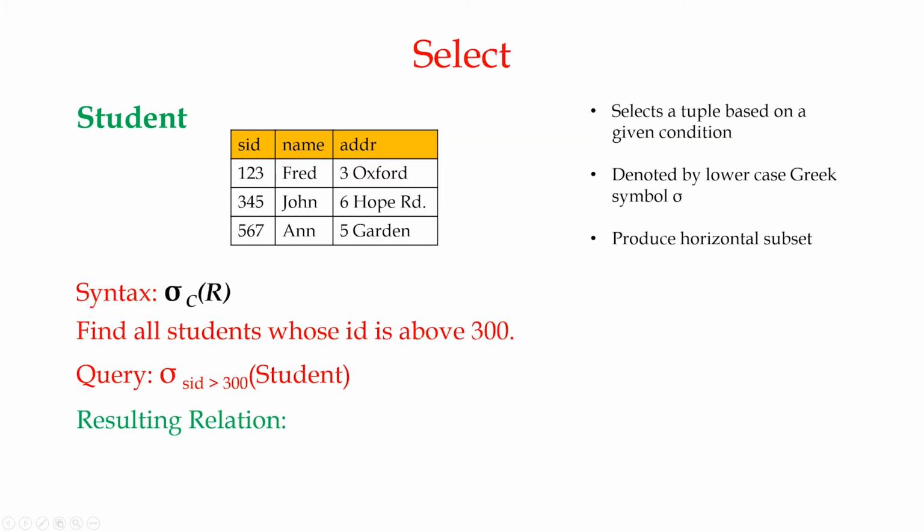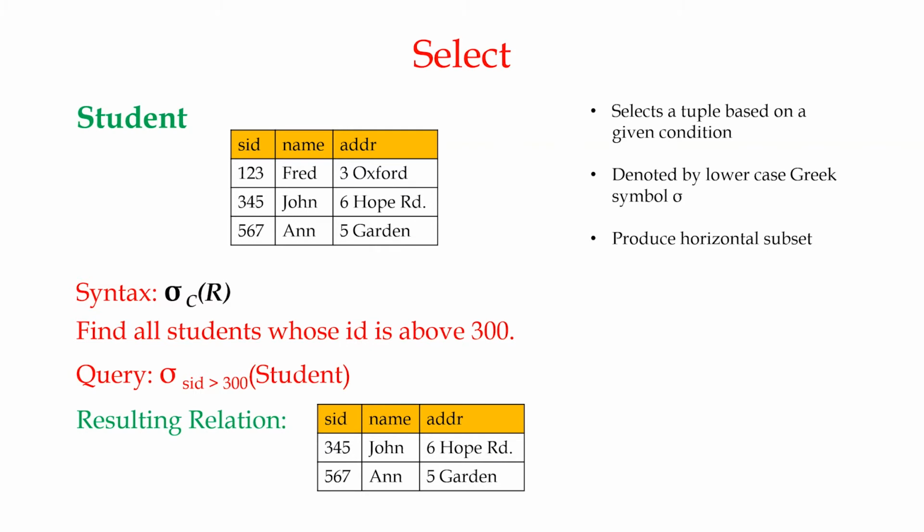Now my query is to find all the students whose ID is above 300. So the query comes like this: sigma student ID greater than 300 from the relation student. Upon executing this query, you will get the result like this. From the table, I want to select the tuples which satisfy the condition where student ID is greater than 300.